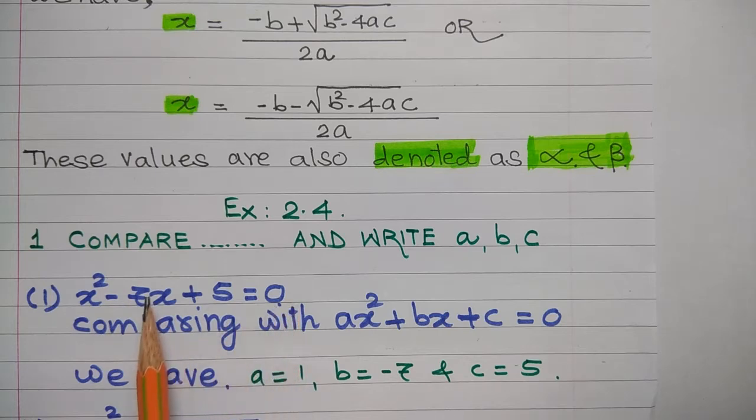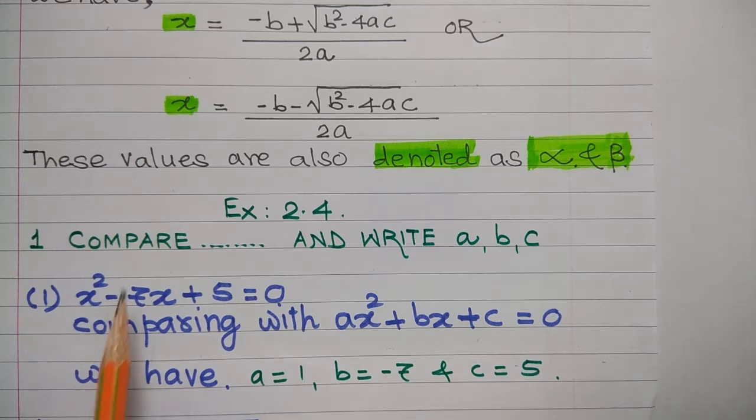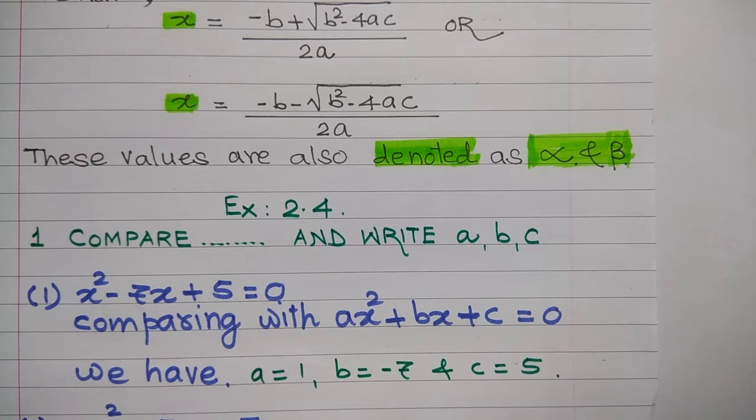Comparing with the standard form ax square plus bx plus c is equal to 0, we have a is equal to 1, b is equal to minus 7 and c is equal to 5. We have to write the values of a, b and c only.